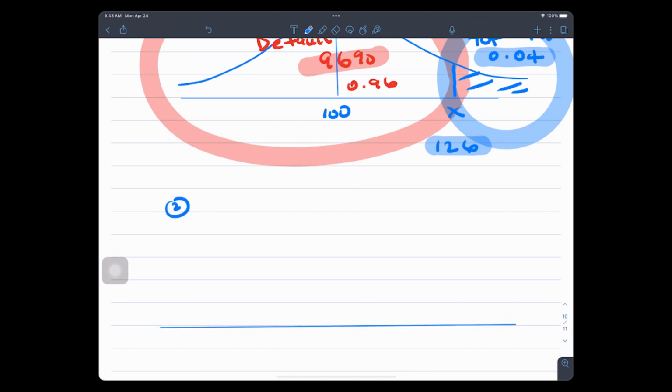Now, let's look at number 2. The top 2%.